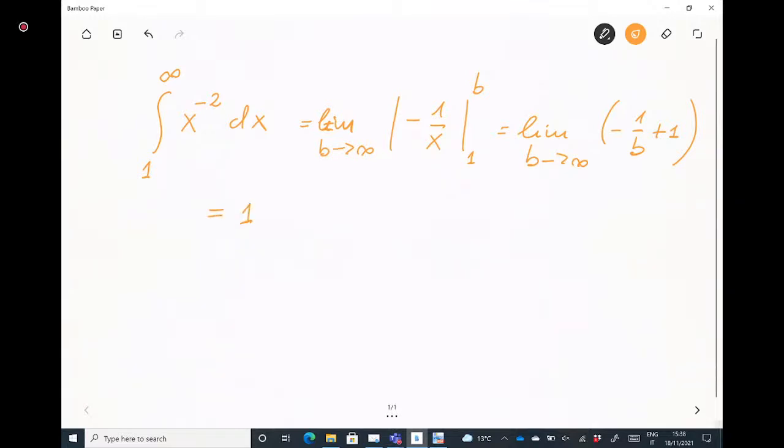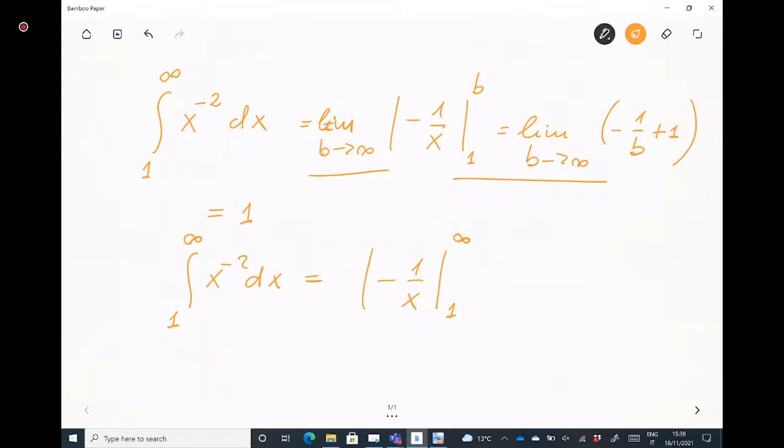In practice, we don't do that. We don't do this step. We don't write the limit when we show the computations of this. We just write something like this. Once we have found a primitive, we evaluate the primitive directly between 1 and infinity, which means that, of course, I cannot replace infinity here.